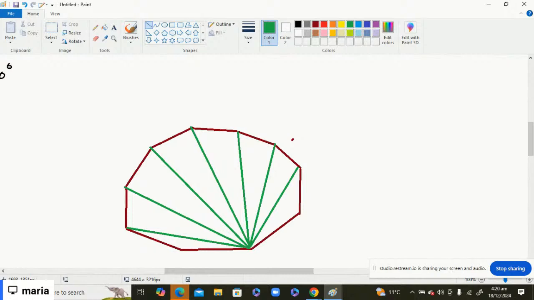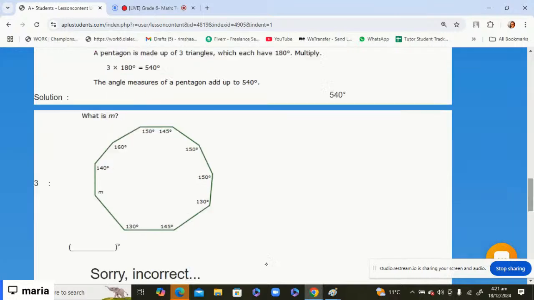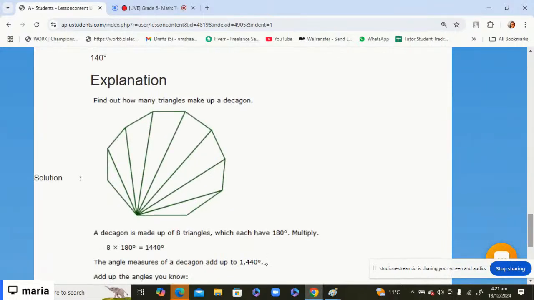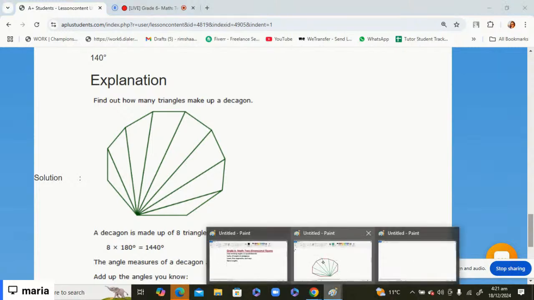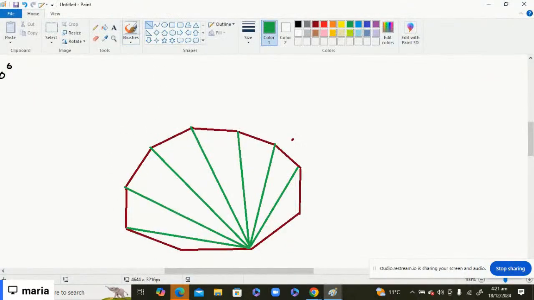Here, you're going to check it out. When we see that, you are going to convert it into equal parts. Okay, understand? How many parts are there? It's 1, 2, 3, 4, 5, 6, 7 and 8.